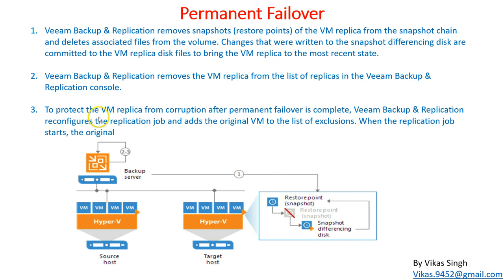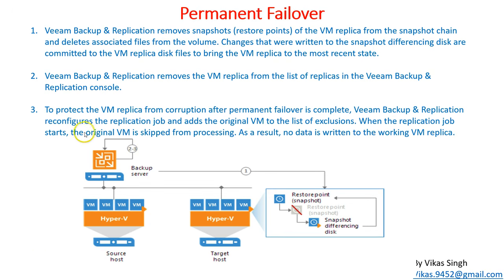And then, to protect the virtual machine replica from corruption after the permanent failover is complete, Veeam Backup and Replication reconfigures the replica job and adds the original virtual machine to the list of exclusions. So once this virtual machine is permanently moved to the new host, it's going to put this virtual machine in the exclusion list, and when the replication job starts, the original VM is skipped from the process.